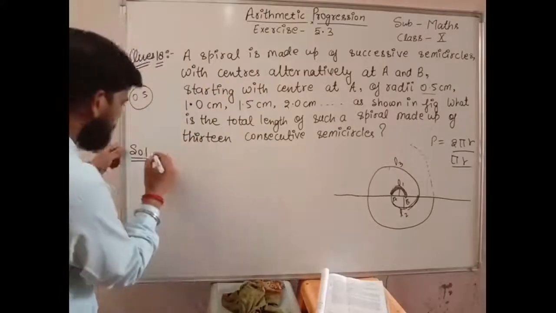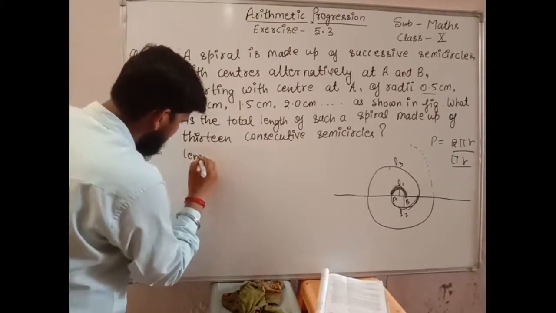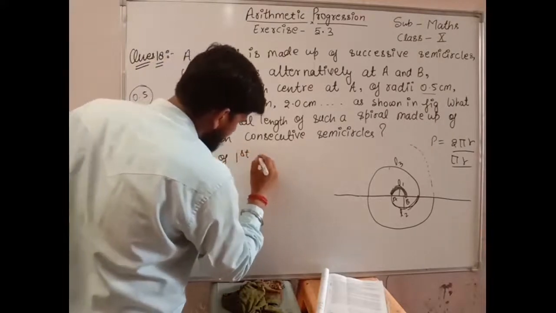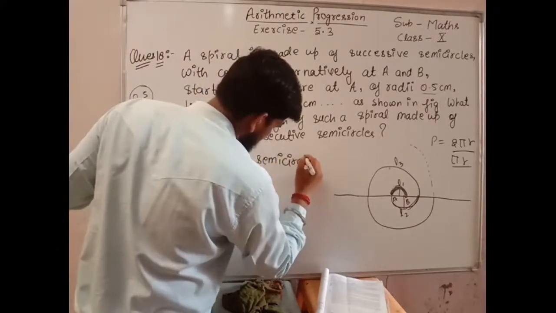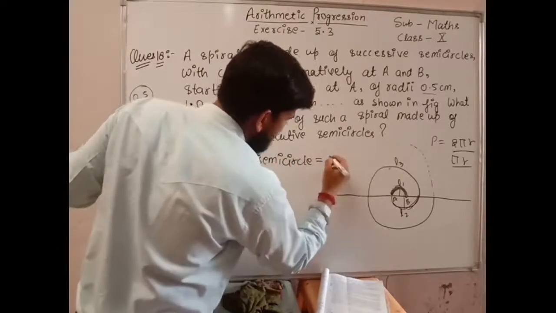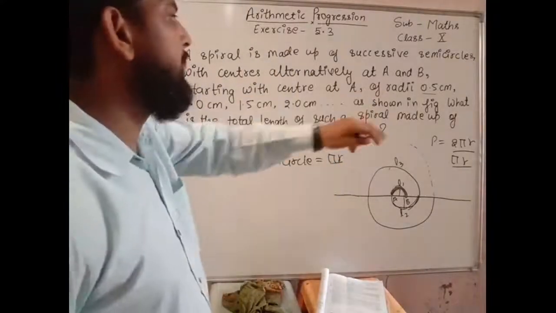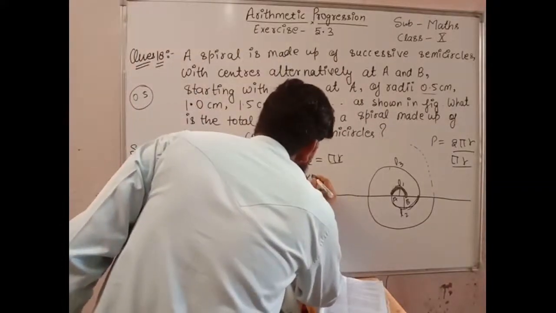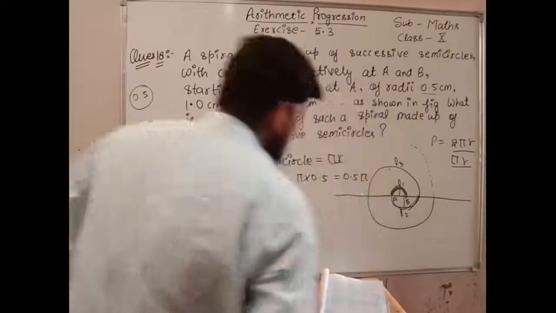So we can calculate the length of the first semicircle. That is equal to pi r. So r for the first semicircle is 0.5 centimeter. So pi multiplied by 0.5 is equal to 0.5 pi.